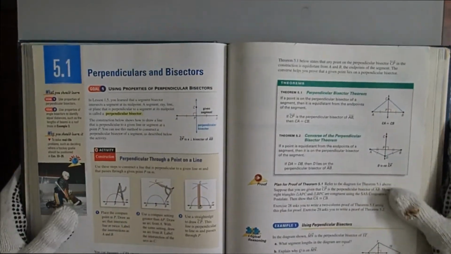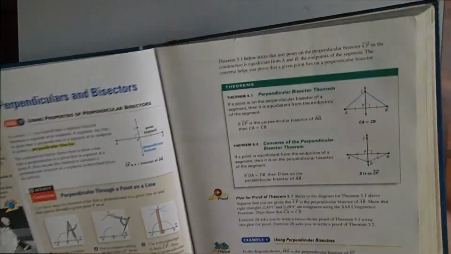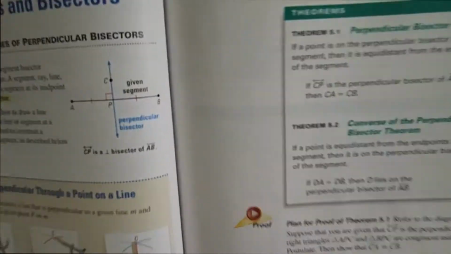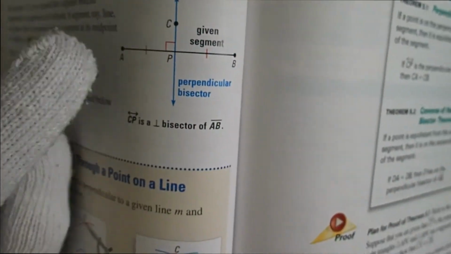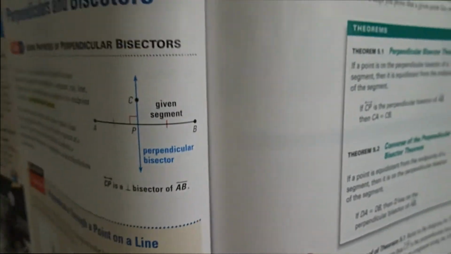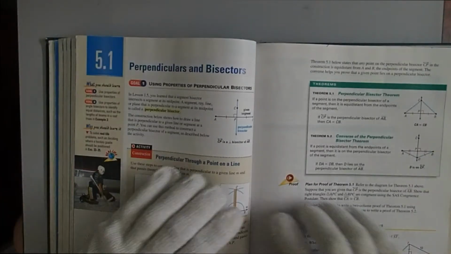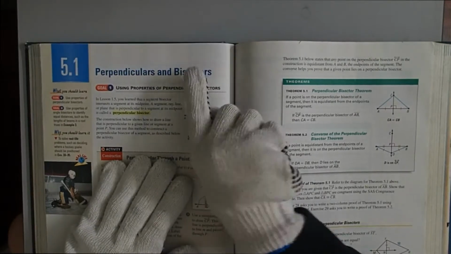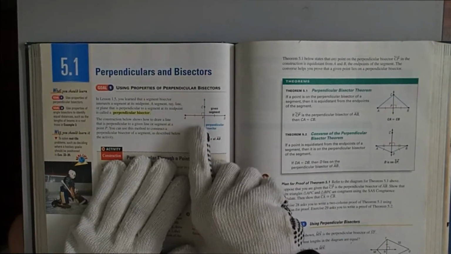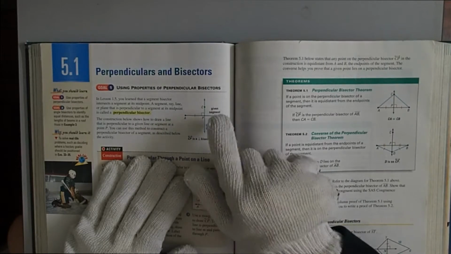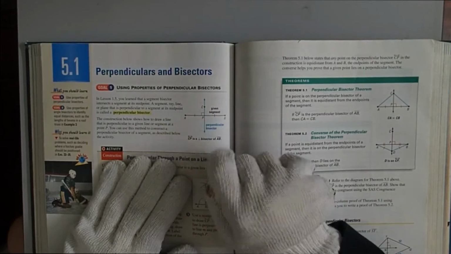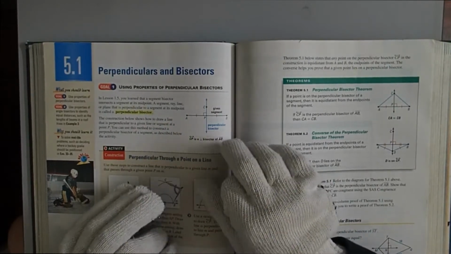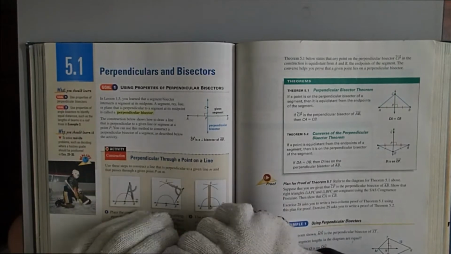So this is what a segment bisector is. Do you see the diagram right here? This is a line segment. A line segment is a finite line with two endpoints, and a segment bisector bisects that line perfectly in the middle, creating two lines that are equal, or at its midpoint.